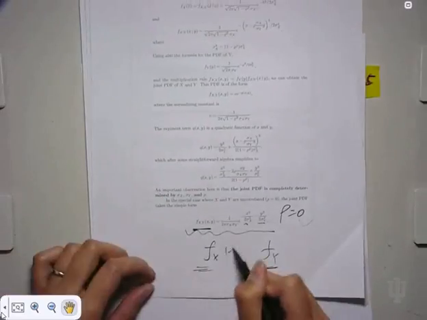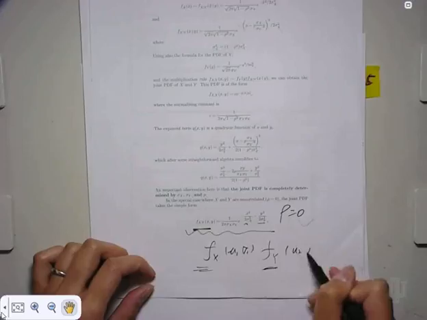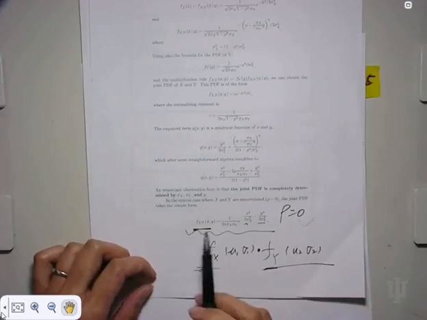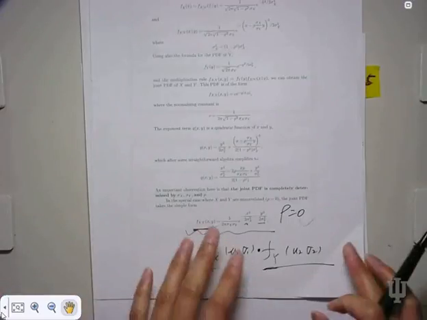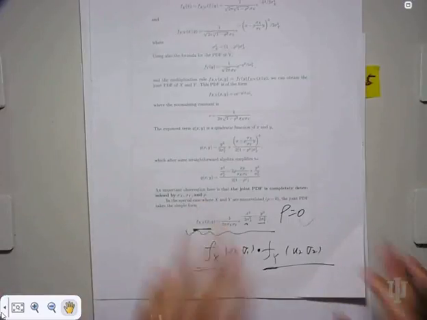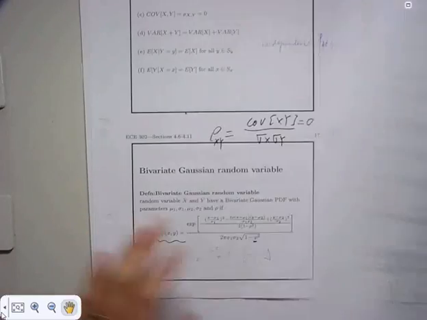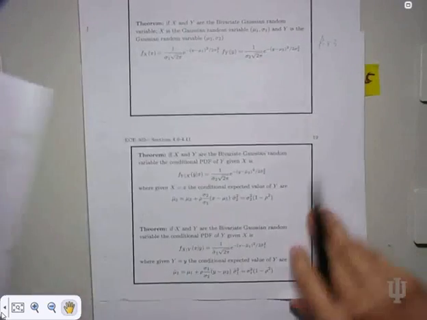This is for mu1 sigma 1, this is for mu2 sigma 2. And if you multiply them, you'll get this. So that's why you can derive for Gaussian random variable, uncorrelated is independent. Independent is uncorrelated. It's a necessary and sufficient condition, right? I think you know the condition.